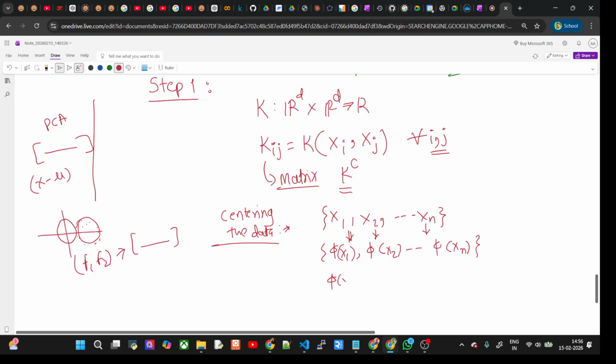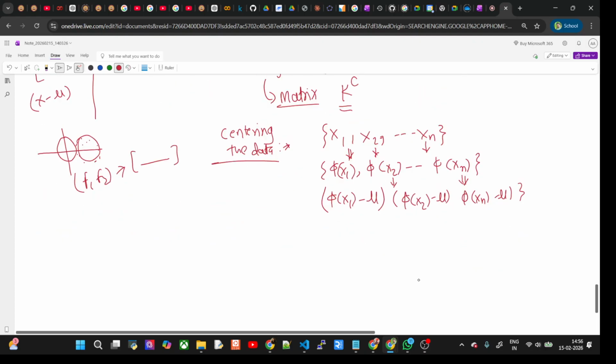You get phi of x1 minus mu, subtracting the center, then phi of x2 minus mu, up to phi of xn minus mu. And what is mu? Mu is 1 over n summation of phi of xi, i from 1 to n.